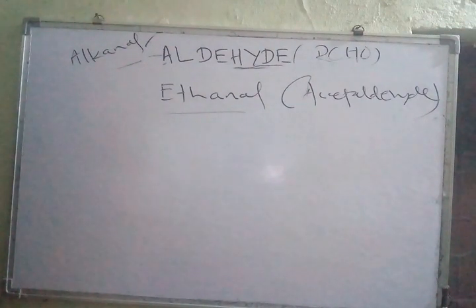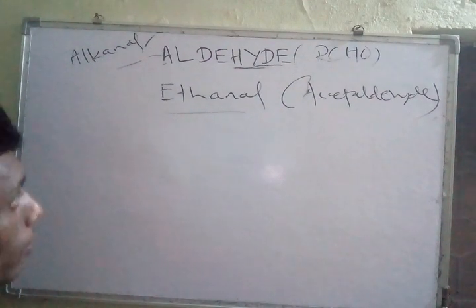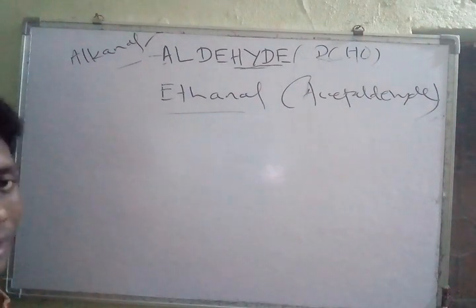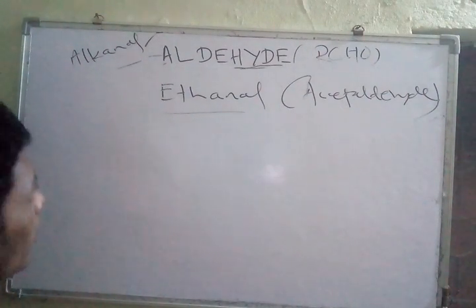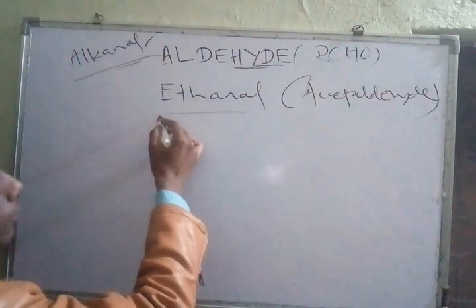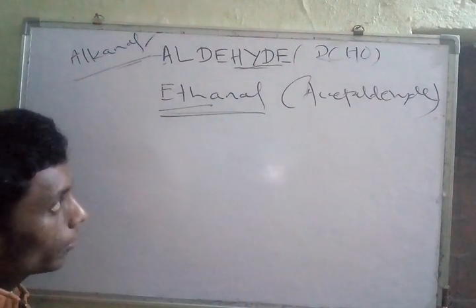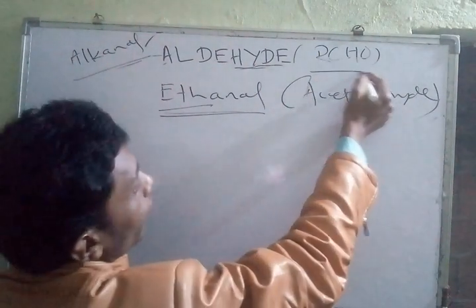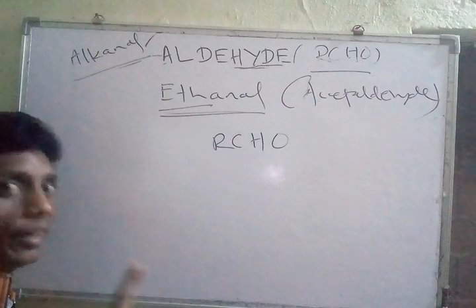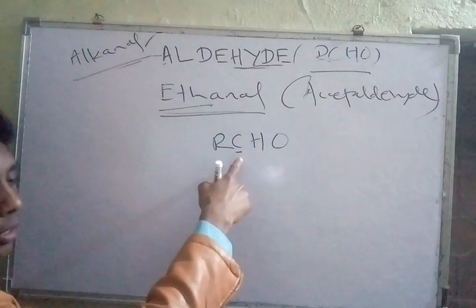There are two ways. We can go directly to the formula, and from the structure also you can write the formula. Clear? Here it is ethanal, and eth means two carbon atoms. And we know that the general formula is RCHO. We need two carbon atoms for ethanal, and here one carbon is already present in CHO.